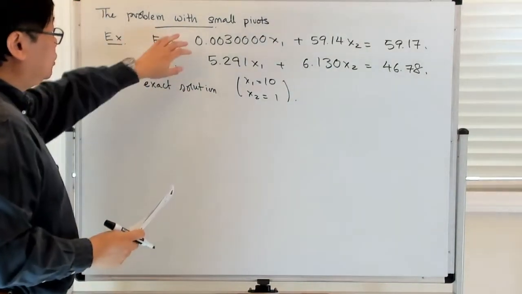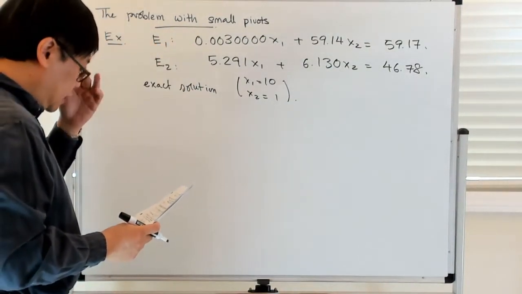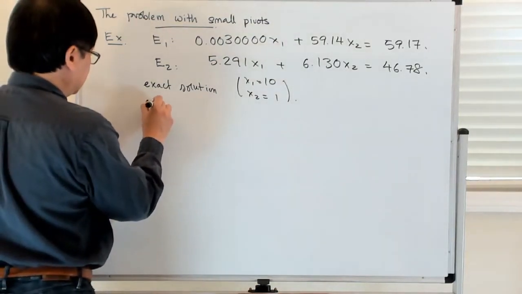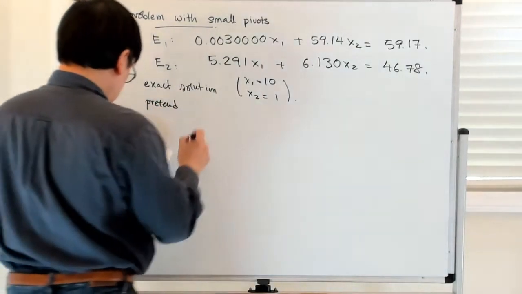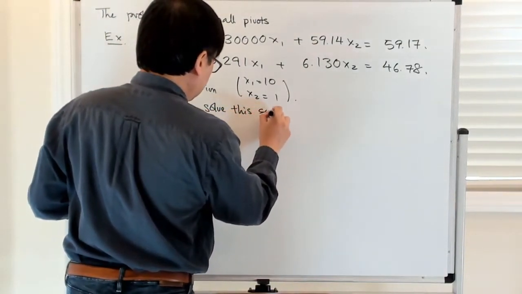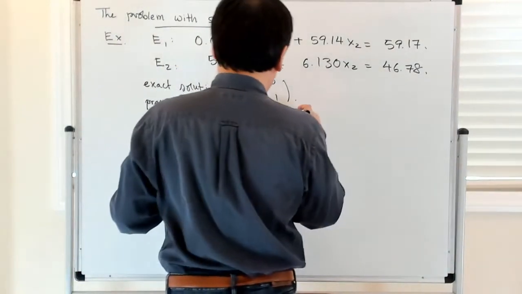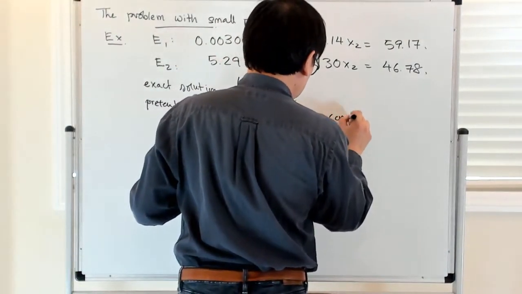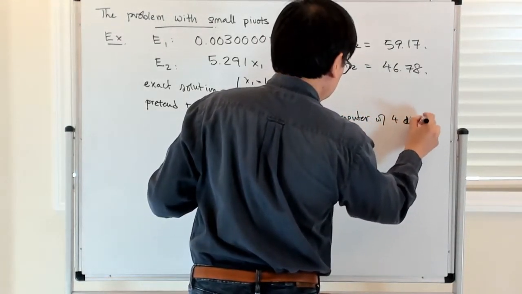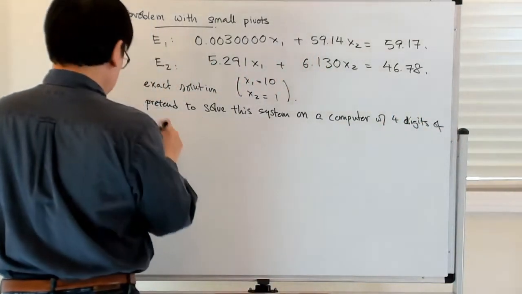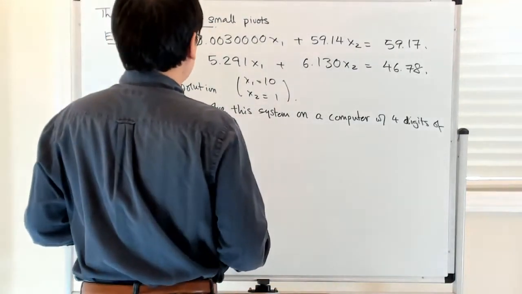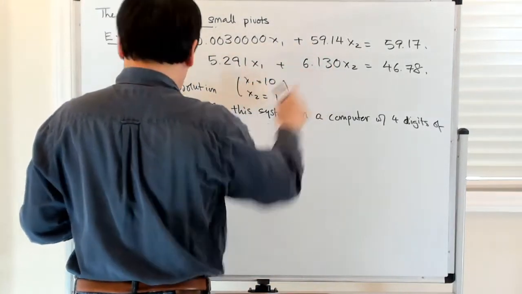So let's pretend I'm going to try to solve this system of equations on a computer with 4 digits of accuracy. The matrix A is just the coefficients which you see here.